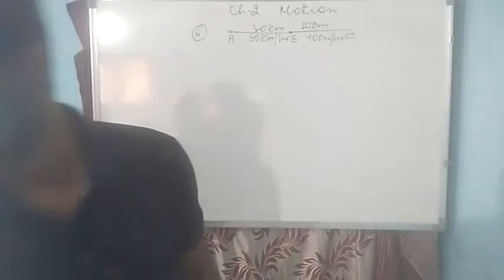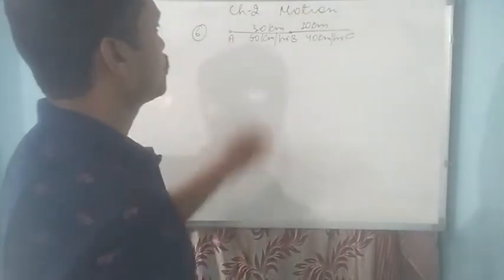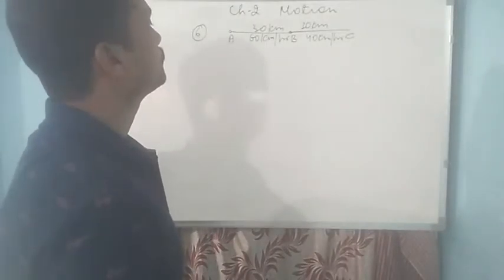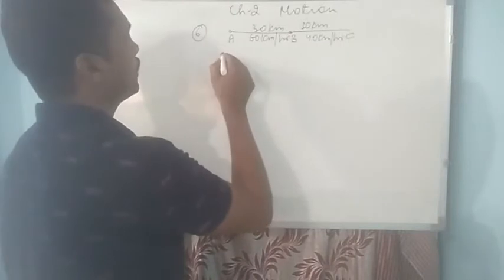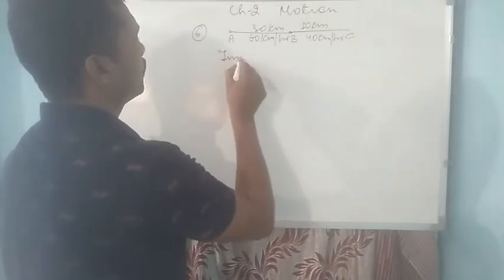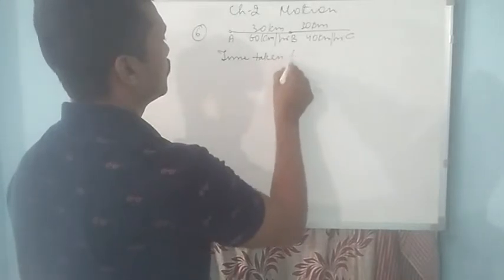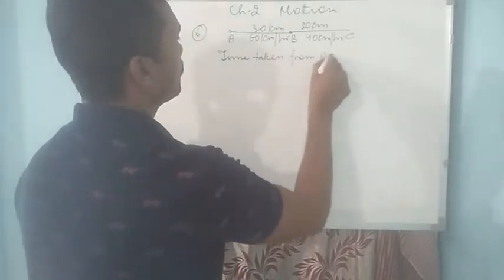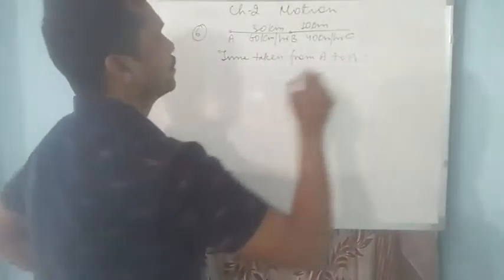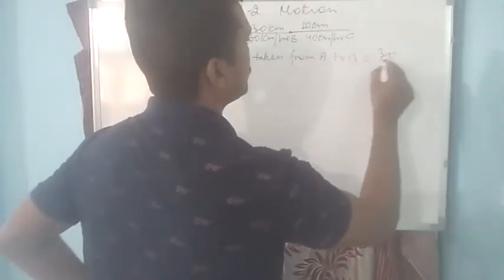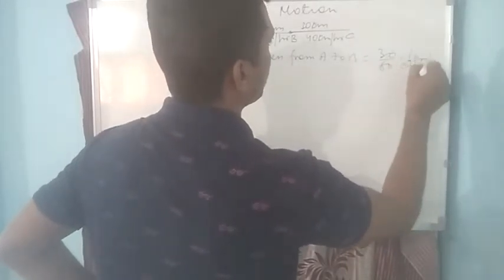Let us see. So total time we can calculate. From A to B, you can calculate the time taken. We know time is equal to distance by speed. So we have distance 30 and the speed is 60, which means 1 by 2 hour.